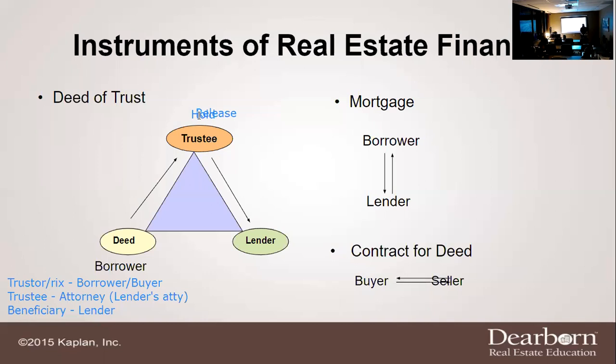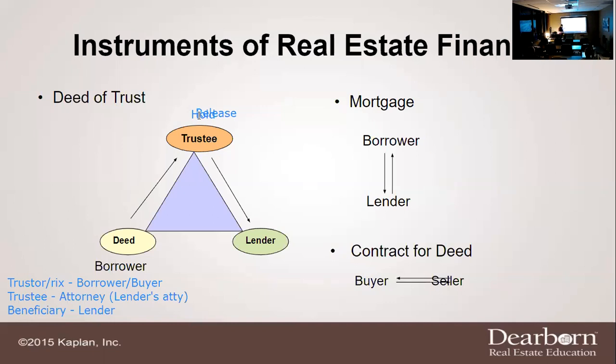Well, you're not really giving the property away to the lender. You're creating it to be held by a trustee. If you fail to pay, then the trustee can forward it and the lender takes it. But if you do your due diligence and you do your job, they would release it and you get to keep your deed. So it's a process that you need to be aware of.